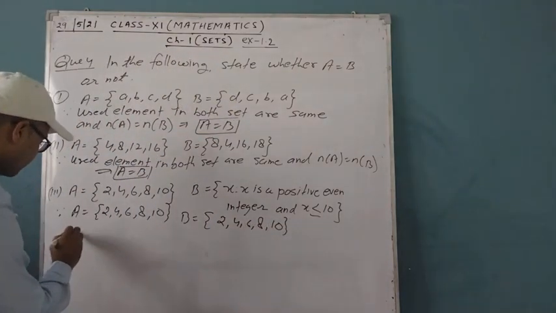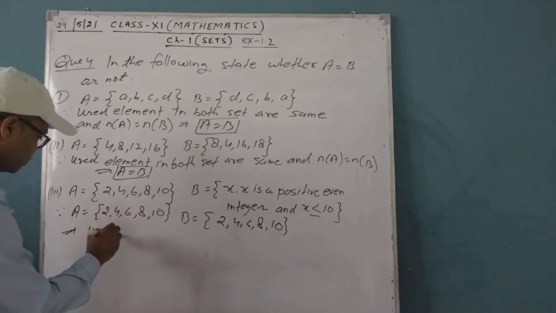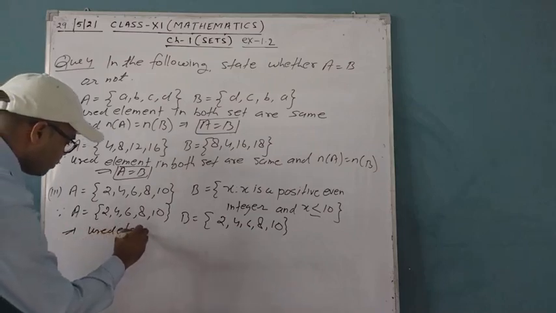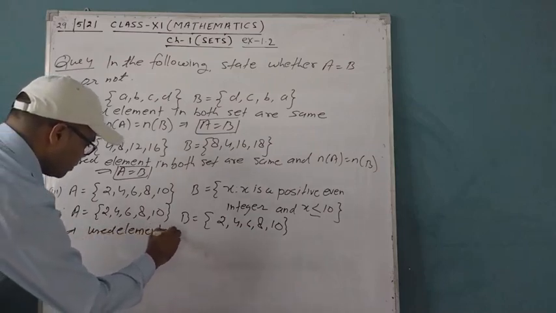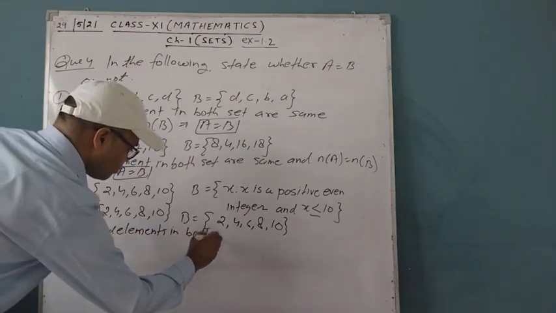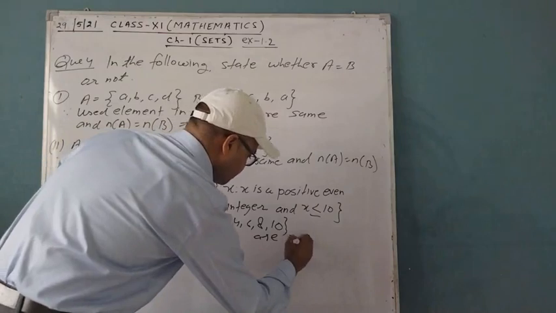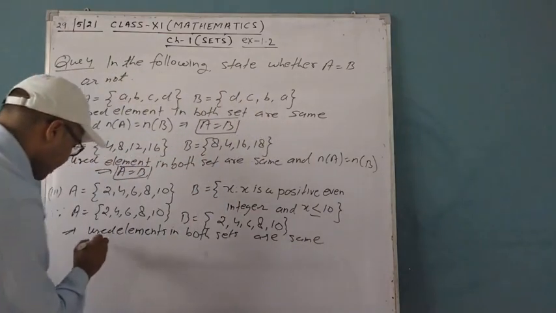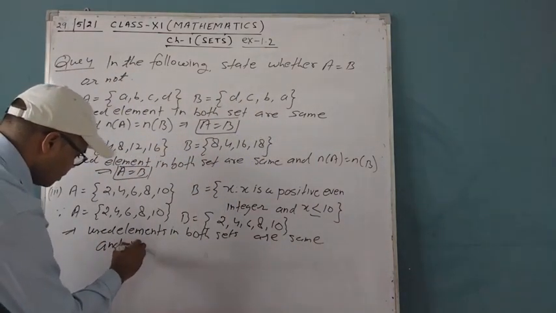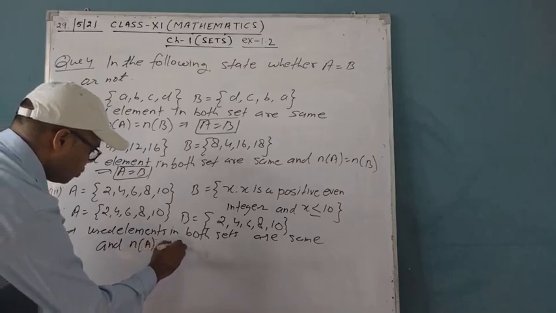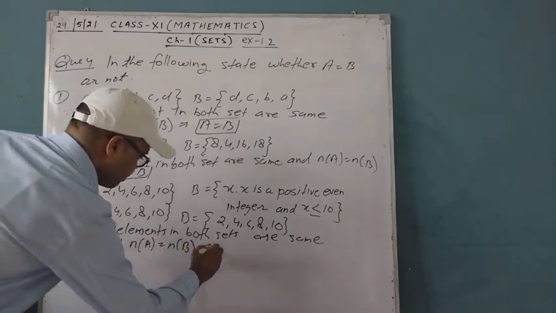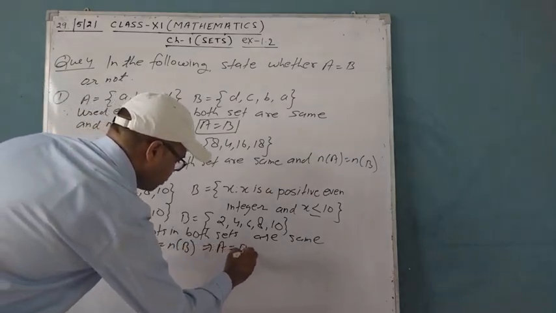So this implies used elements in both sets are the same and NA is equal to NB. This implies A is equal to B.